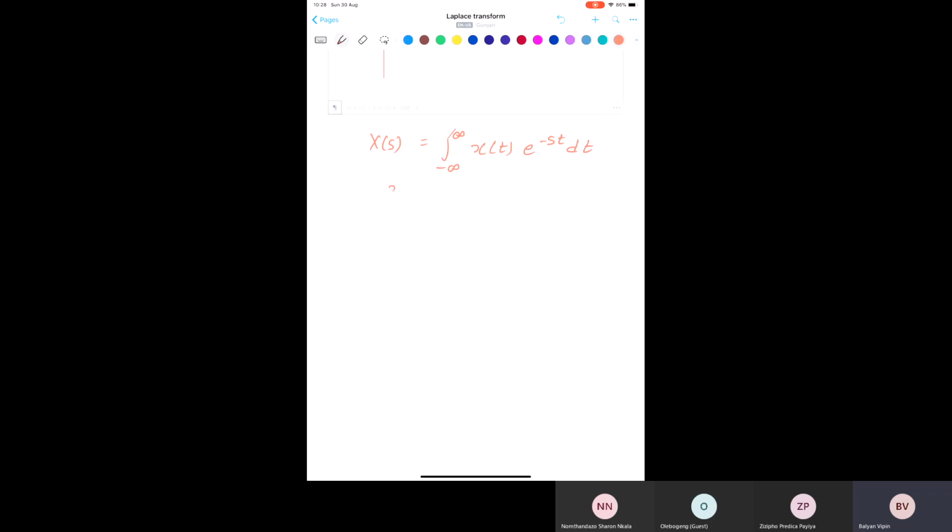So we can say that x of t and capital X of s form a Laplace transform pair. LT is your Laplace transform pair.